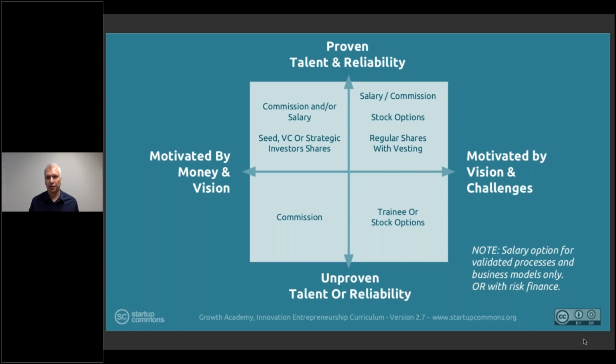Then which are the motivators? Where are they in their own career at the moment? What are their motivators? Where do they want to go? Are they still in learning mode? Are they already committed? What are the motivating factors? And then you can consider different types of agreements to be used. And of course, this is with or without salary, and the salary is another factor.